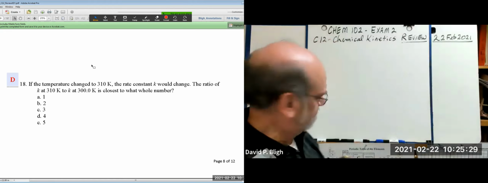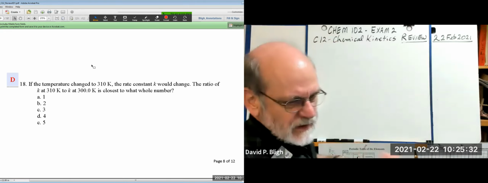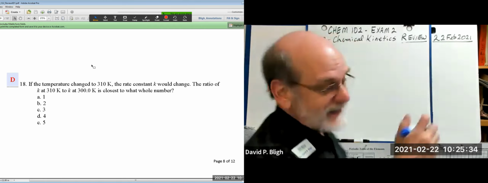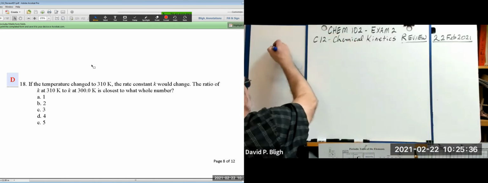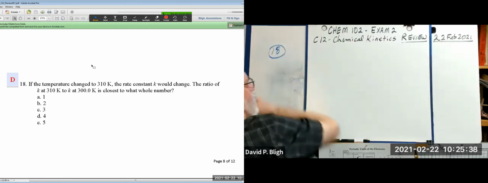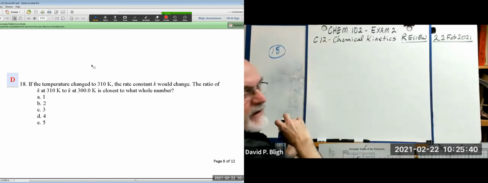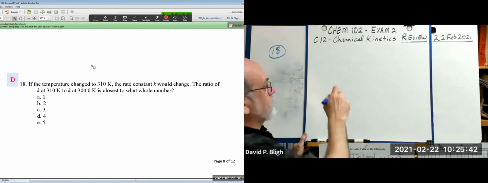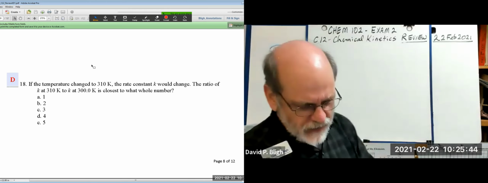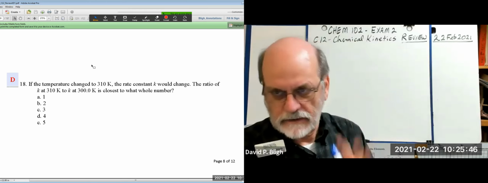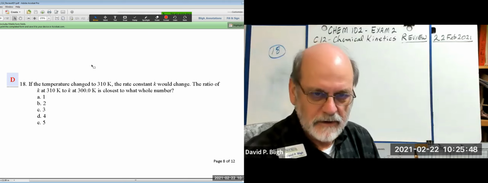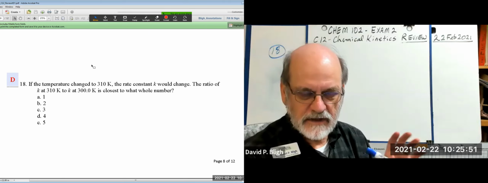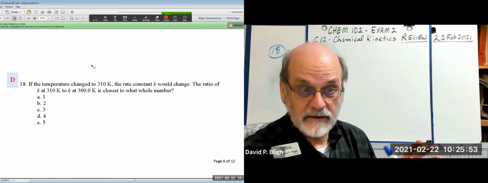I'm going to write it again. So this is number 18. And the integrated rate law for Arrhenius. Now, why would we use that one? Well, let's look at the problem first, right? Before we jump off in a direction that doesn't have anything to do with the problem yet.